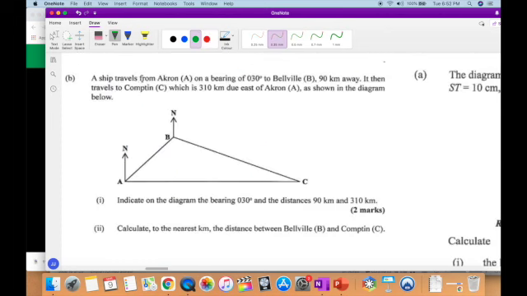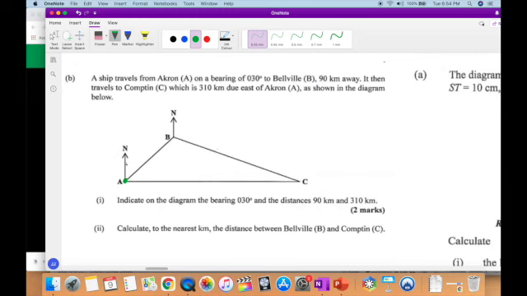A ship travels from A. They just want to give it names, but a port, I guess. So a ship travels from the port A, and I'm not reading the whole question. I'm going to mark the port A, and look, they give me a north line there too. So a ship travels from the port A on a bearing of 30 degrees.